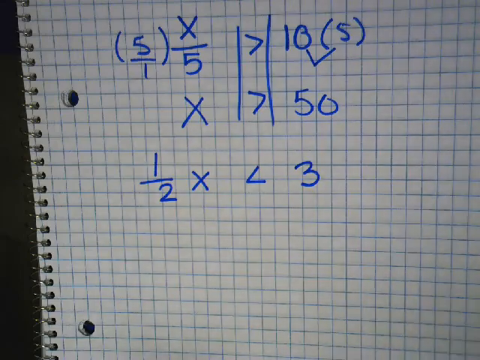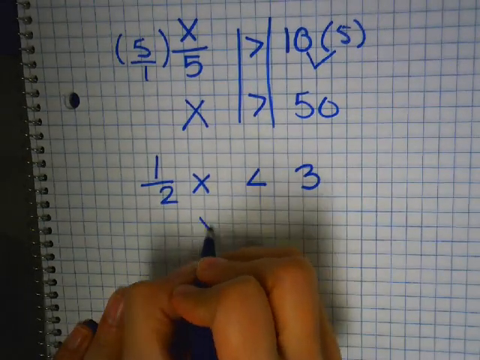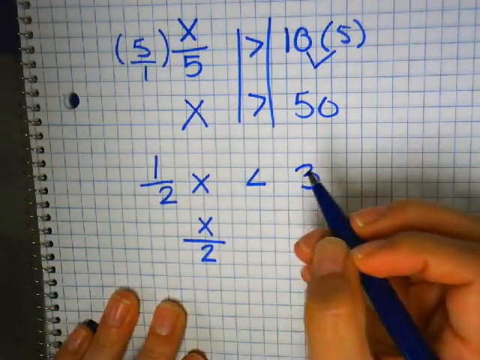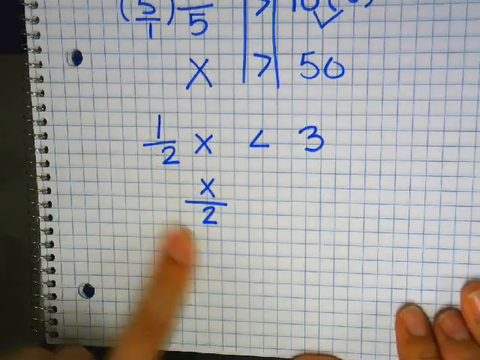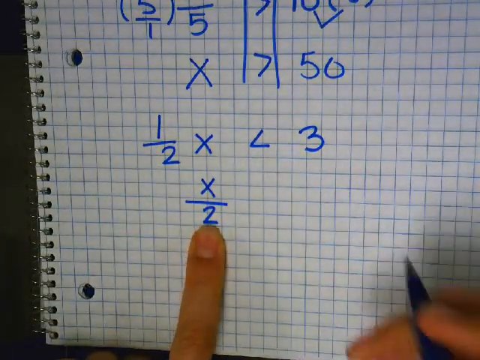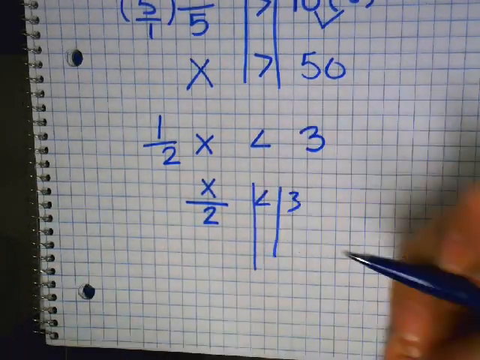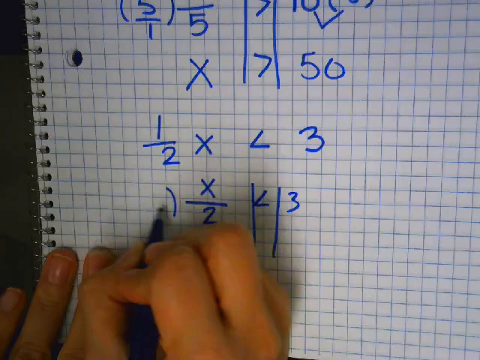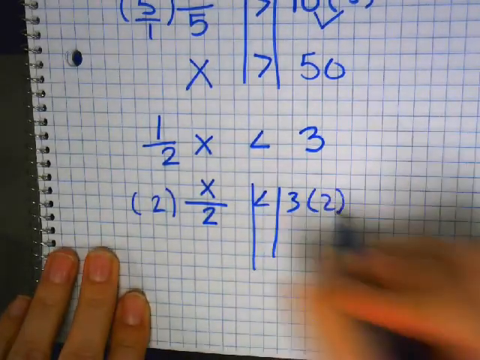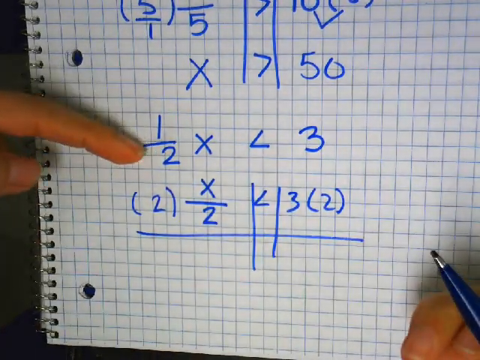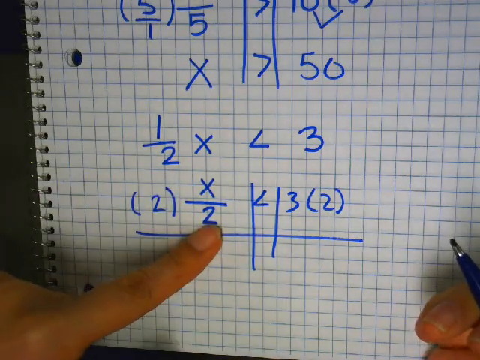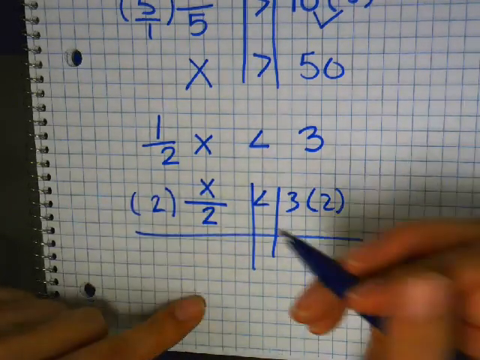But in reality, it's really x over 2. So when you see it as a fraction, just know it's your denominator, which means it's being divided by 2. So what's the opposite of dividing by 2? Multiplying by 2. So when it looks like this, scary, it's really a denominator. So what is x less than?